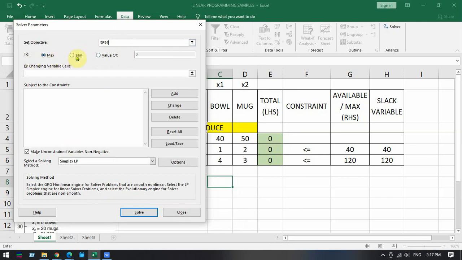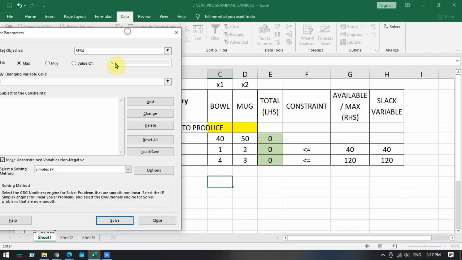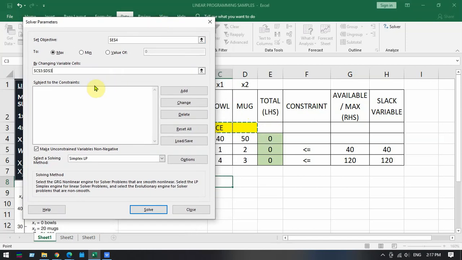And then we choose our objective, either to maximize or to minimize. Our goal is to maximize, so we choose max. And then by changing, what do we need to change? Our variable cells. And that is the number of units to produce for bowl and mug. So we just highlight both of these two, and we leave it there.